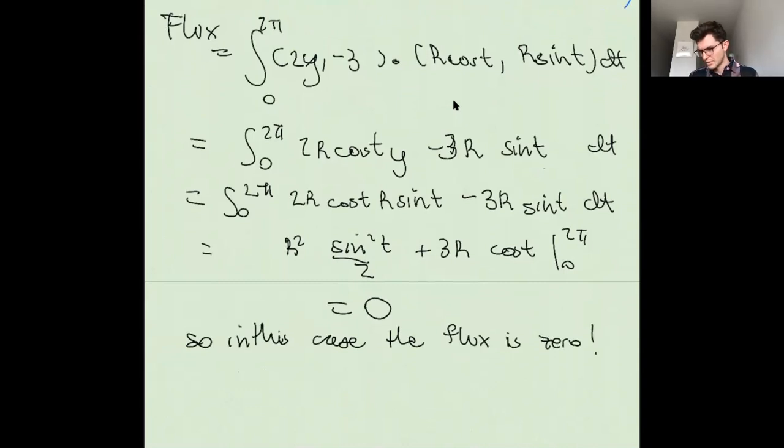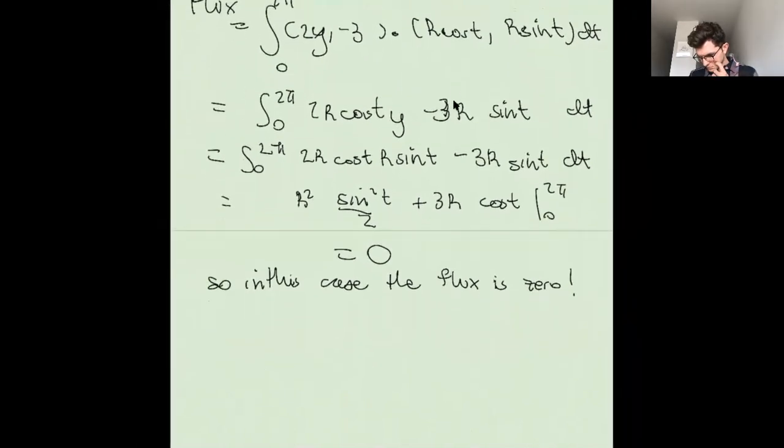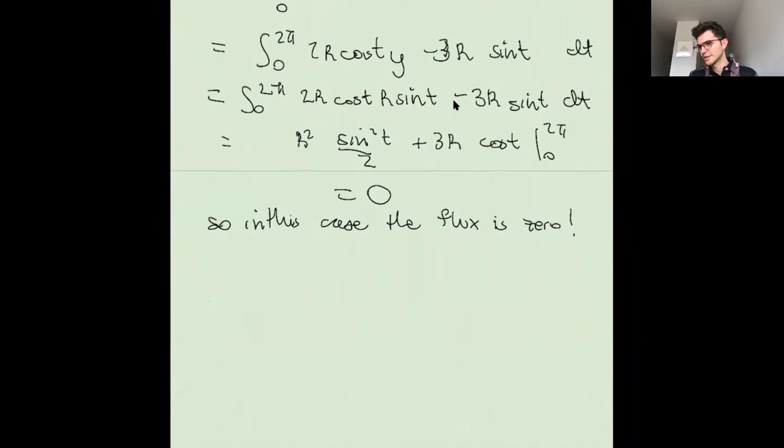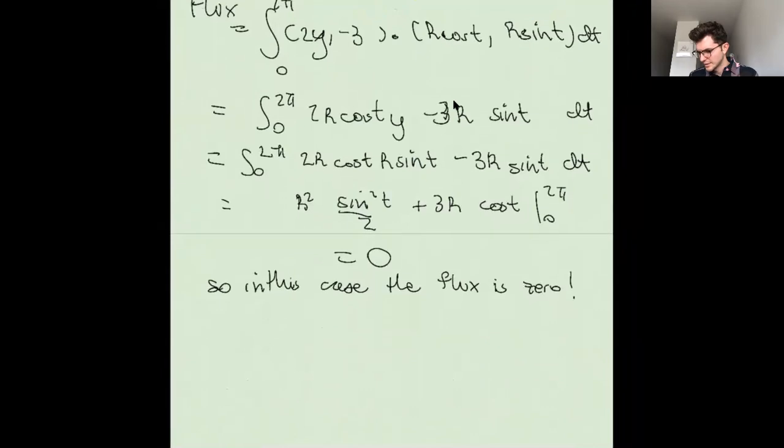Okay. Now let's do a slightly different example with a different vector field. Let's say example 2.